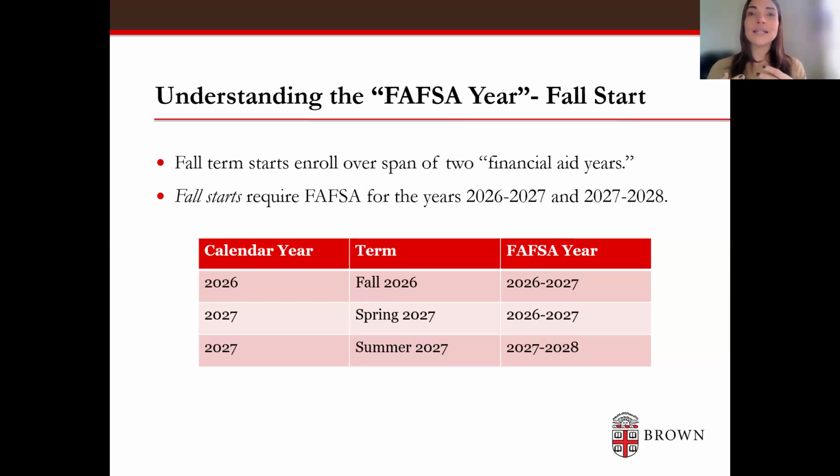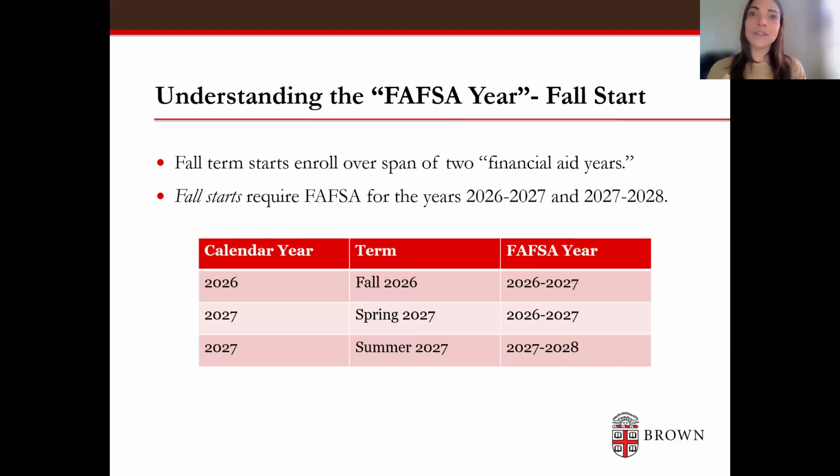So, for a student that is going to begin their enrollment as of the fall term, again, using this upcoming 26-27 academic year as my base for this example, the student's enrollment is going to include filing 2 FAFSA applications for 2 different academic years.